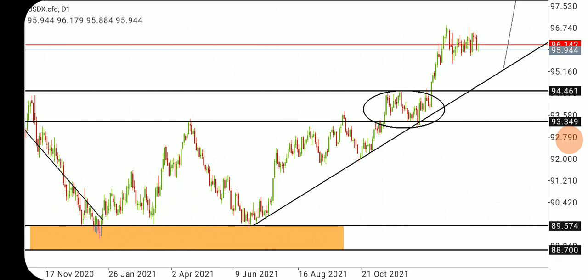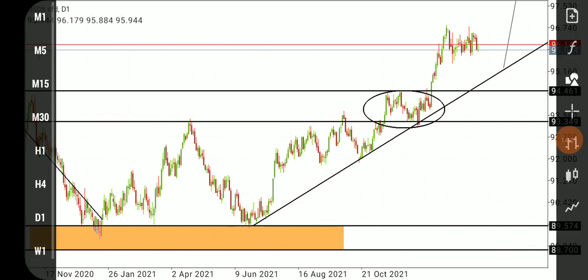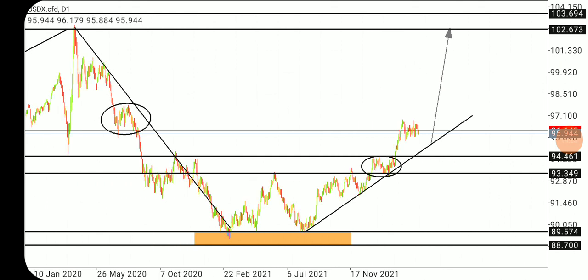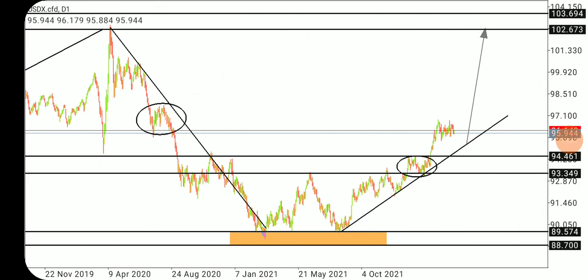It can be playing around here just to find the support before it goes up. But I'm saying to you guys, it will go up. It is going up all the way up to 102, price 102.673.